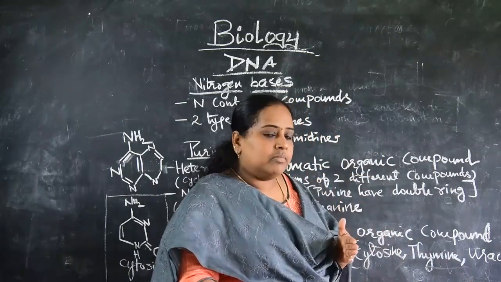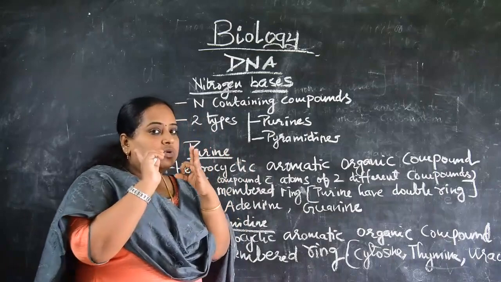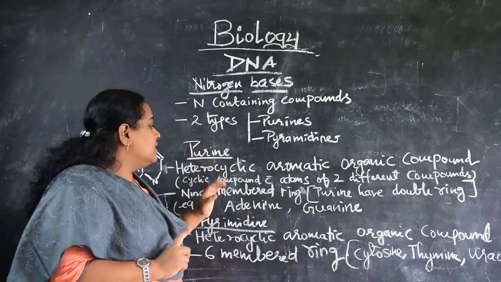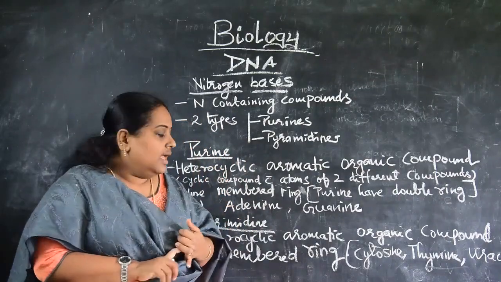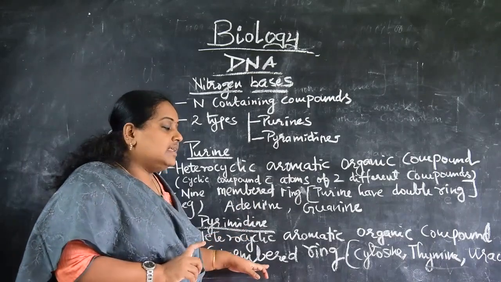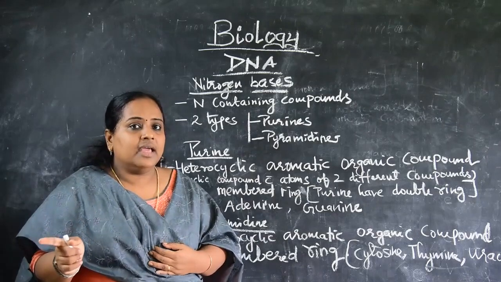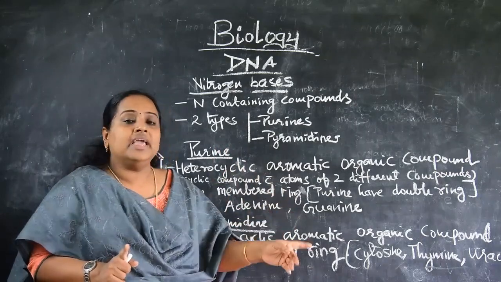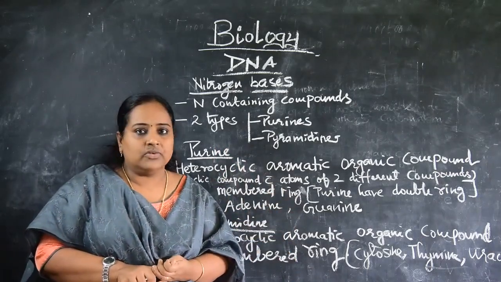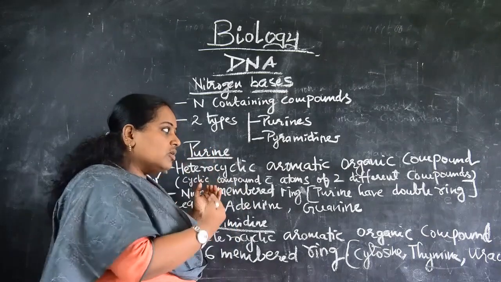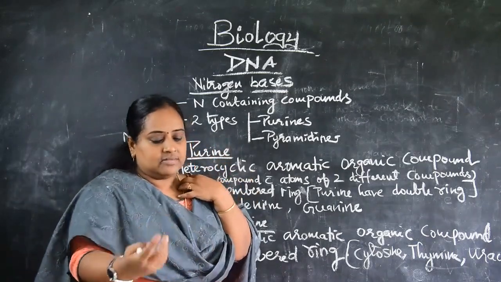You have to remember that. So purines are adenine and guanine, pyrimidines are cytosine and thymine, and in RNA thymine is replaced by uracil. Hope you have got the gist of the nitrogen bases.